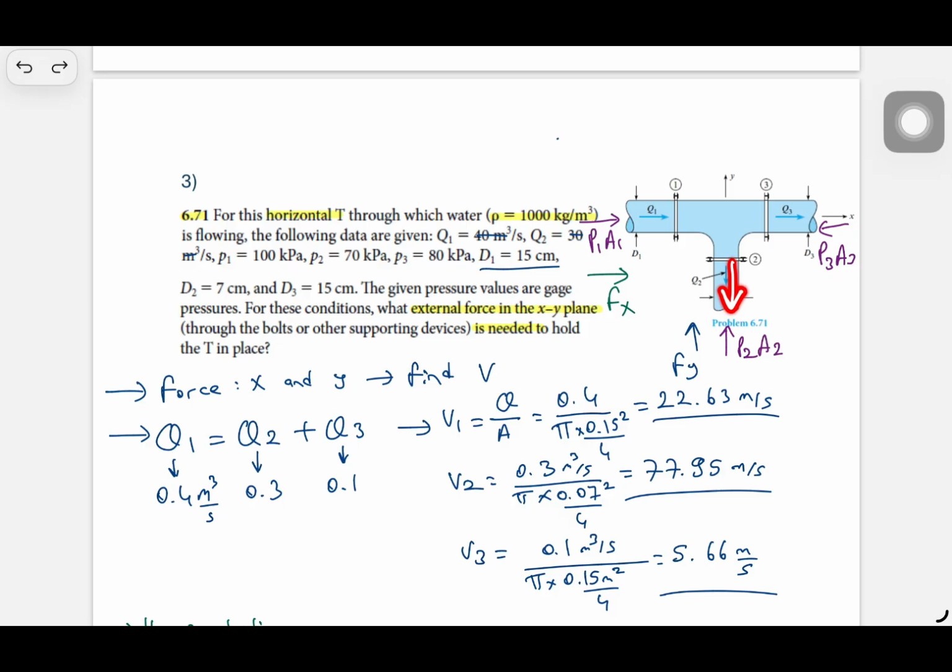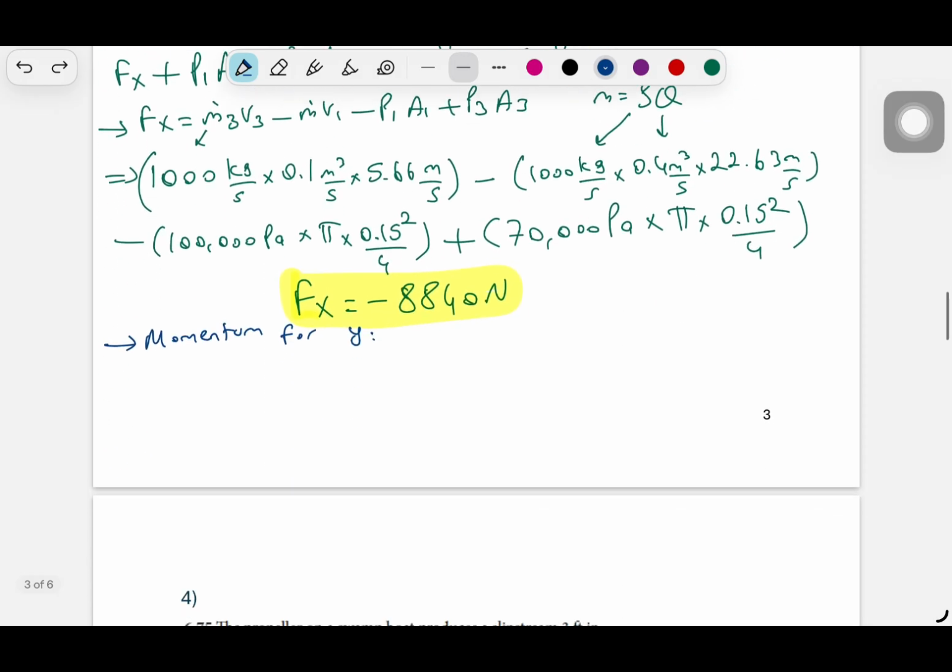So we don't have inflow. So that we will only use this outflow. And for that, let me write Fy plus P2 A2 is equal to out minus in. And there's nothing entering the system, so we can just remove that.